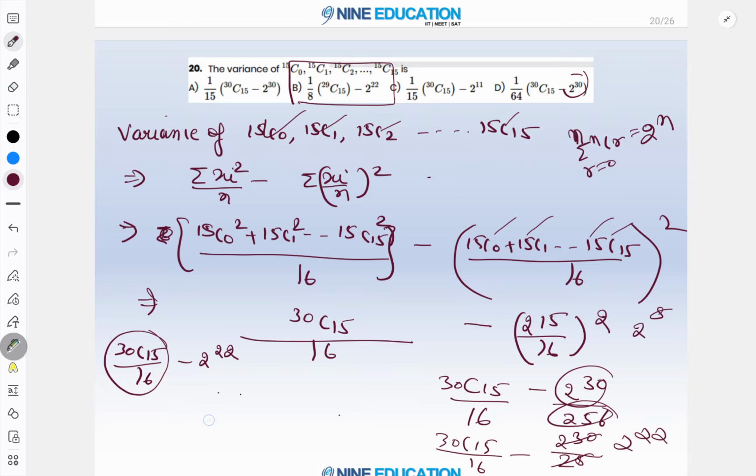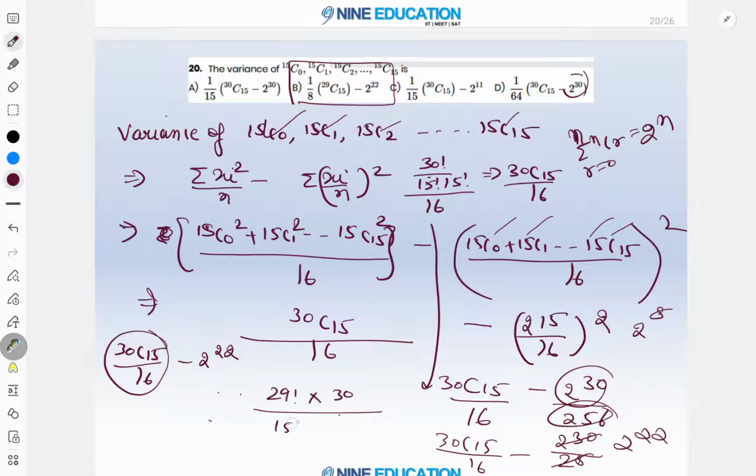So 30 factorial by 15 factorial into 15 factorial, in division you have 16. This can be written as 29 factorial into 30 by 15 factorial into 16 factorial, right?